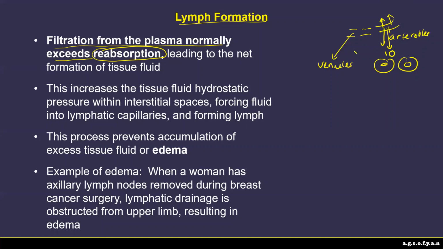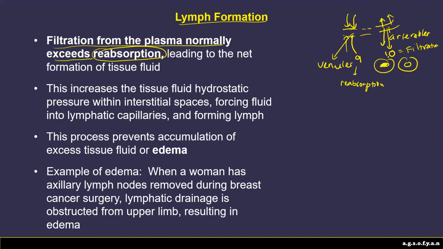And then the venous side will absorb the tissue fluid, including absorbing the waste material from the cells' metabolism, and reabsorption is usually 10. Okay, so this is filtration. This is reabsorption.